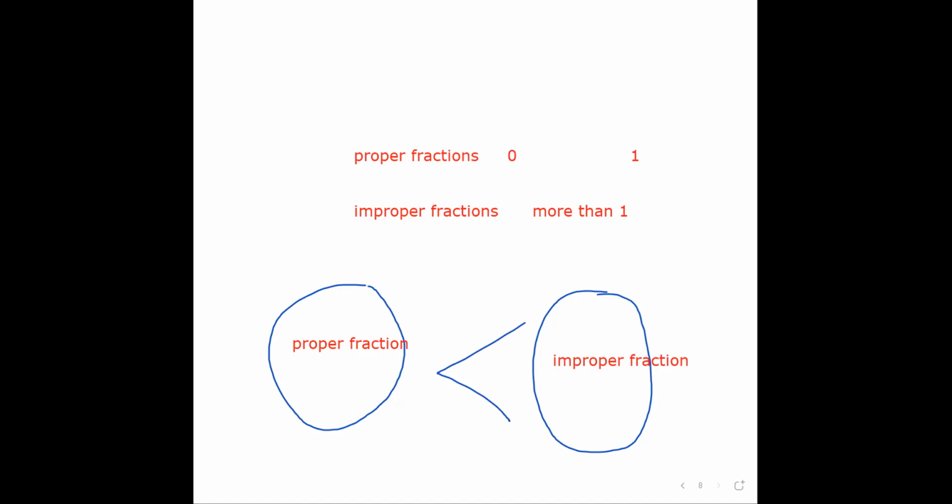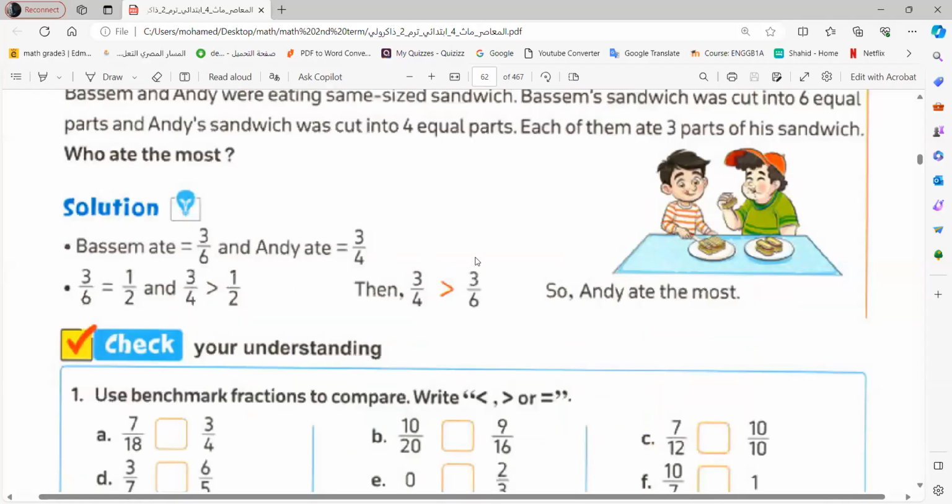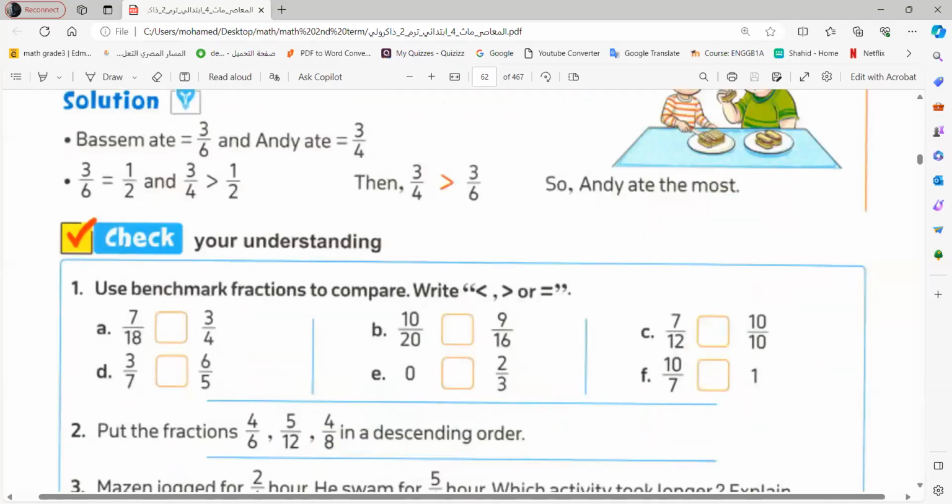Let's answer in the book and check if you understand. Look here. 7/18 and 3/4, we answered that before. Good job, it's 3/4. 10/20 and 9/16. Number line, just a tiny one.